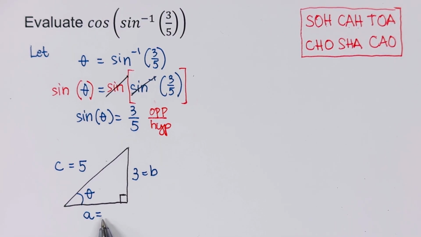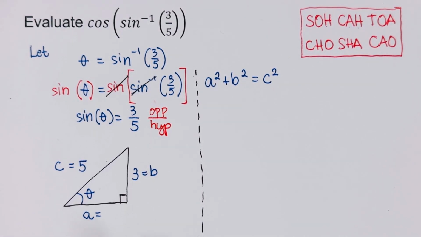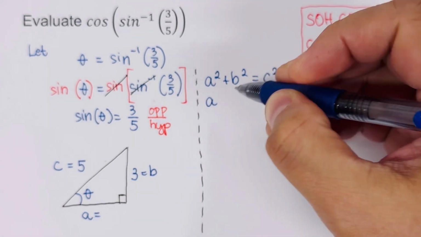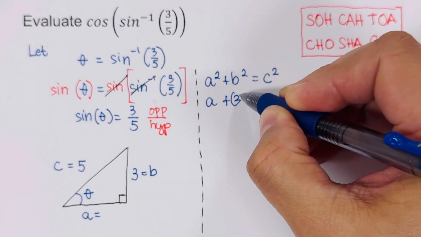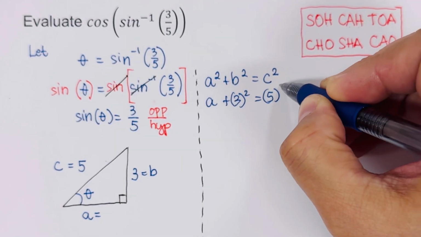So we're going to use the Pythagorean theorem, A squared plus B squared equals C squared, so we can solve for A. So I'm going to go ahead and write that up here. So we go ahead and plug in values. Our A is missing, our B is 3, and then square it, equals our C is 5, and then square it.